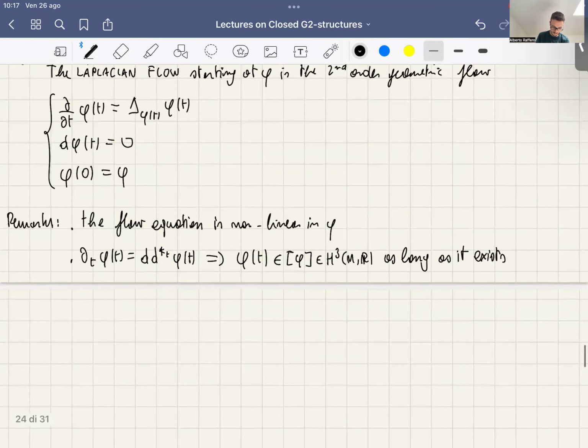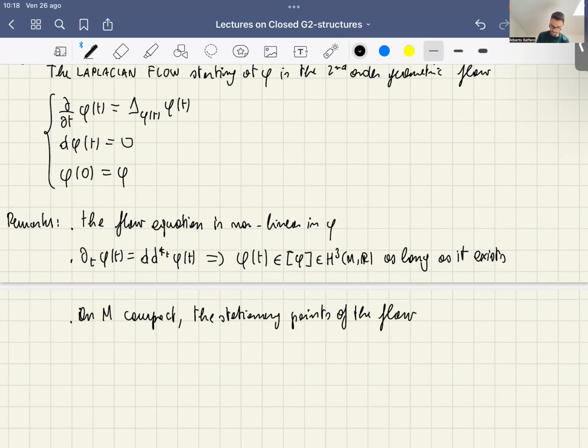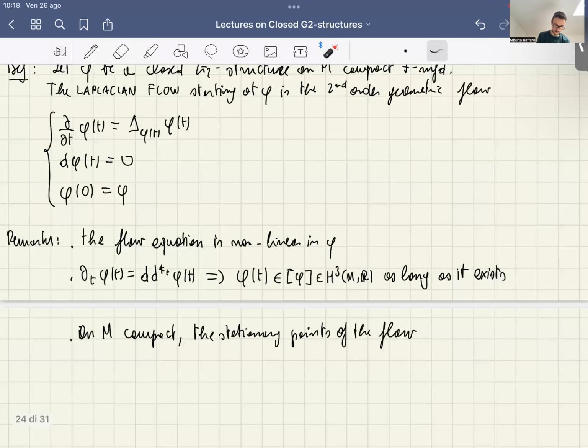Moreover, as I said already, on a compact manifold, the stationary points of the flow, namely those for which the right-hand side of the flow equation is 0, are given by torsion-free G2 structures.